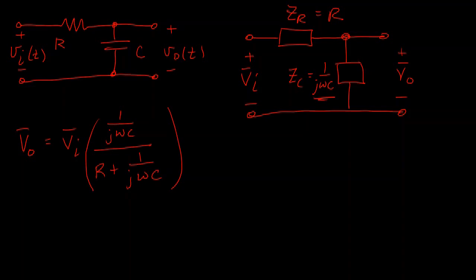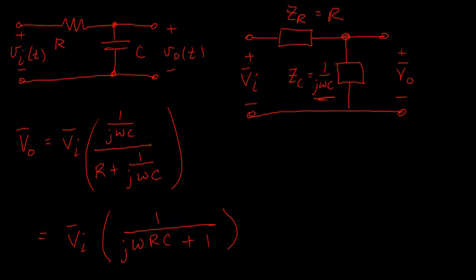And then we can do a little bit of gymnastics with the terms, and we can write that as VI times the quantity 1 over j omega RC plus 1.